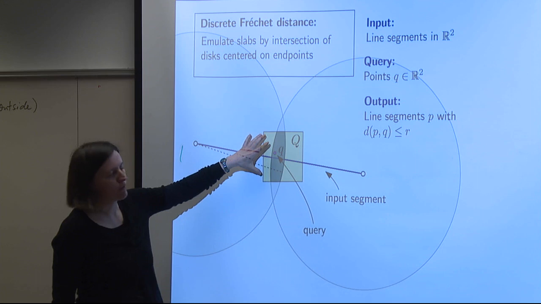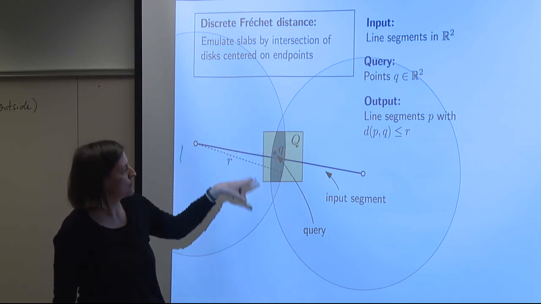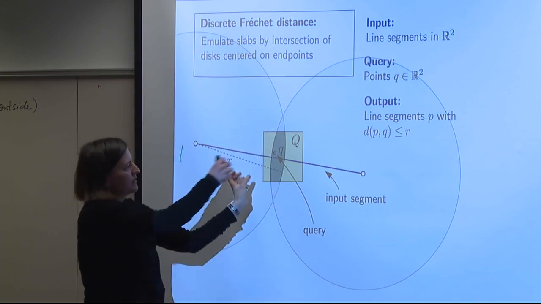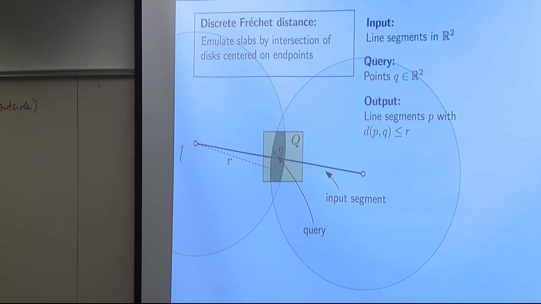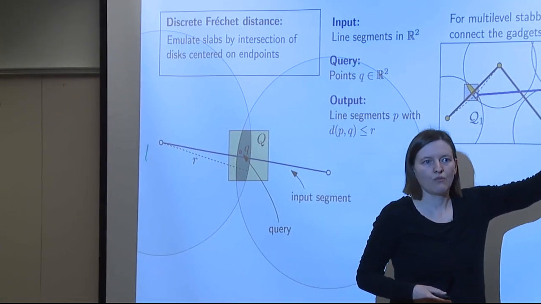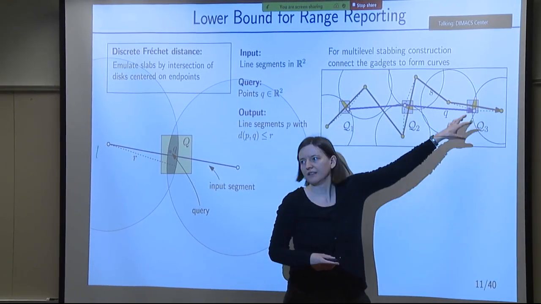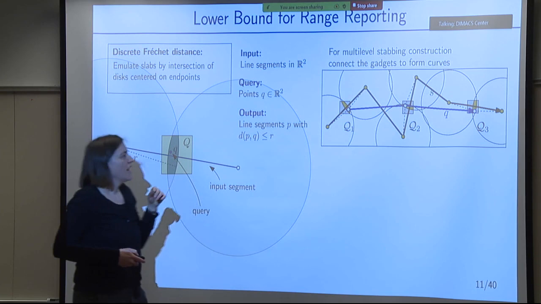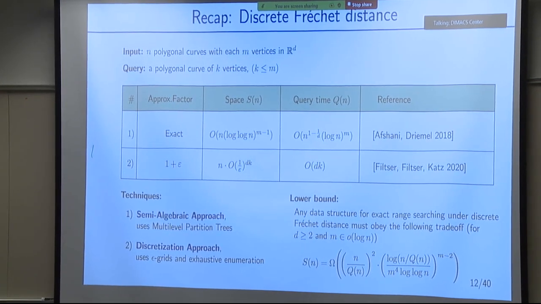And I make my query square small, so that this will be almost like a slab. I can do this tiling, up to some approximation. And then I can also combine this in the multi-level way by building longer curves and making these query things independent. So this is how we get this lower bound.